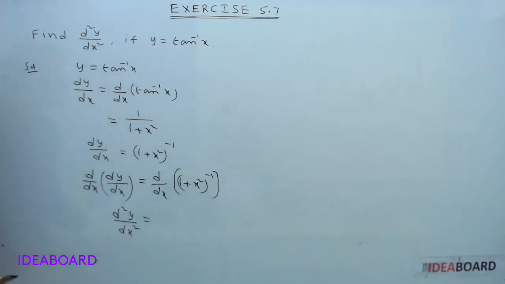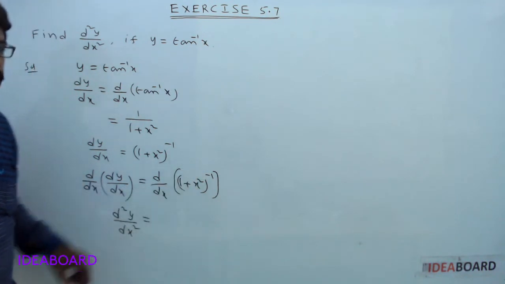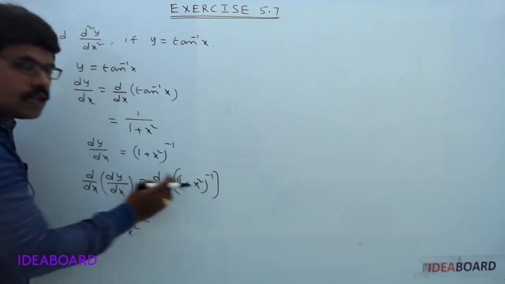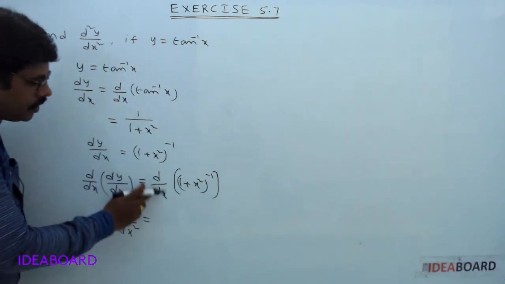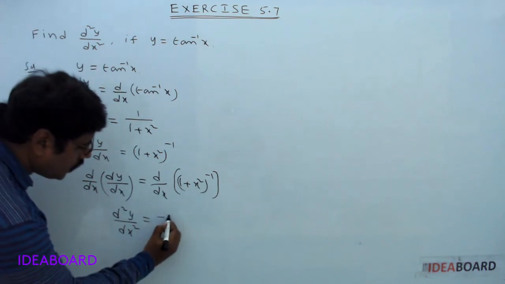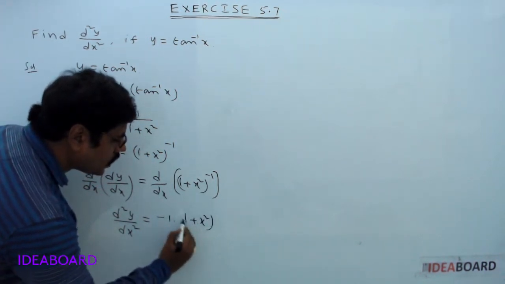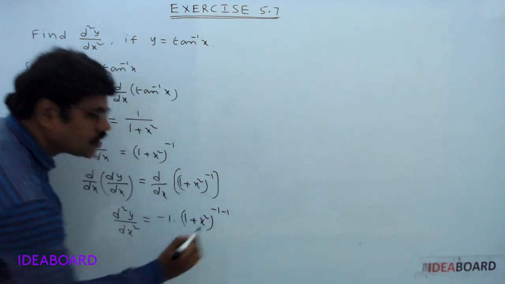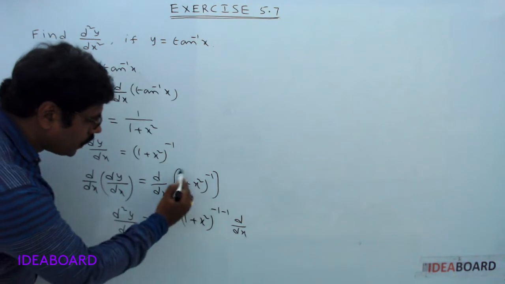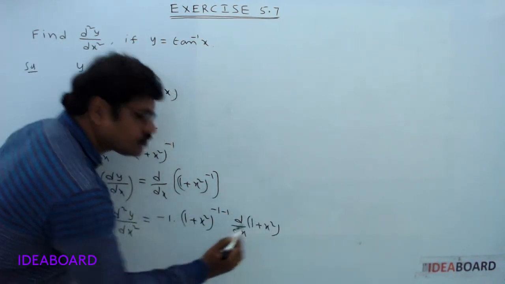It is of the form x to the power n, because the power is a constant term and the base is a function. Now apply the d by dx of x power n formula. So it is minus 1 into (1 plus x square) whole power minus 2 into the derivative of the base function, that is 1 plus x square.